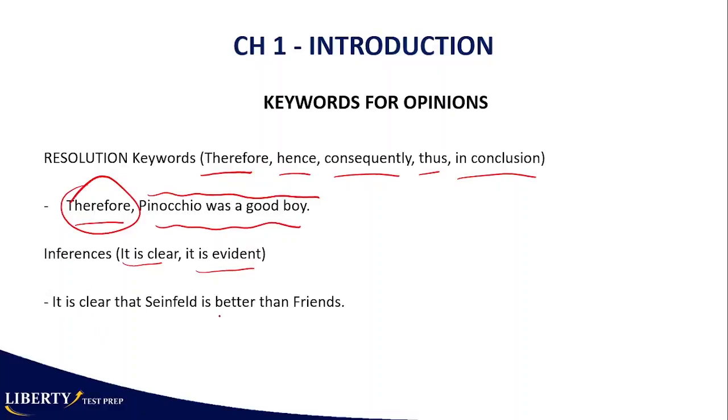So it is clear that Seinfeld is better than Friends. Okay, for this person who's writing this sentence, that's clear, but it's not necessarily true. It is their opinion, okay? So those are big indications that you have an opinion, when you have resolution keywords and when you have inference keywords such as it is clear or it is evident.